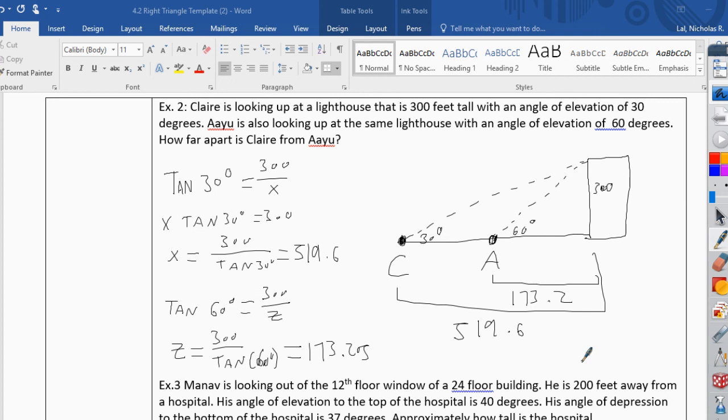So you could use the tangent function to find the height of both triangles, and then the height of the building is adding the two up.